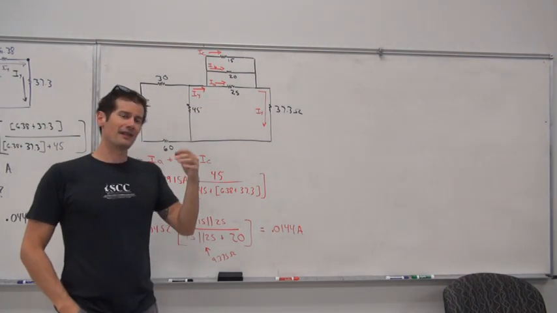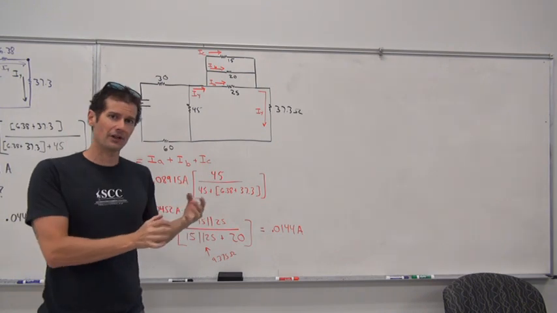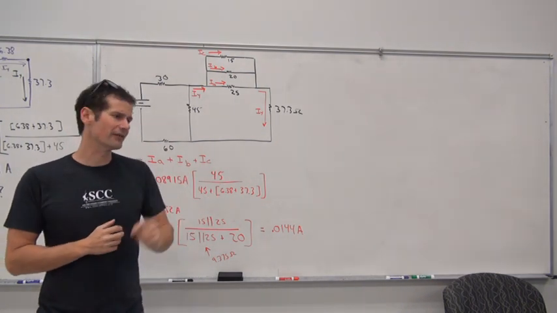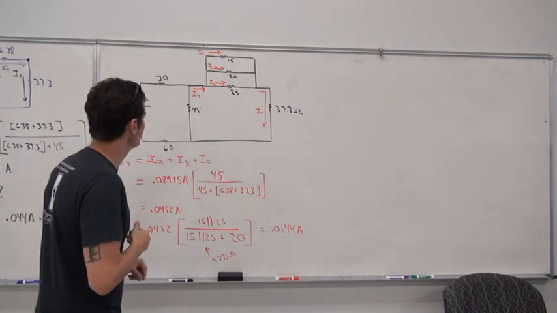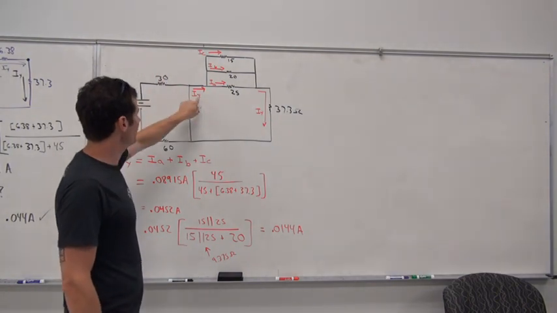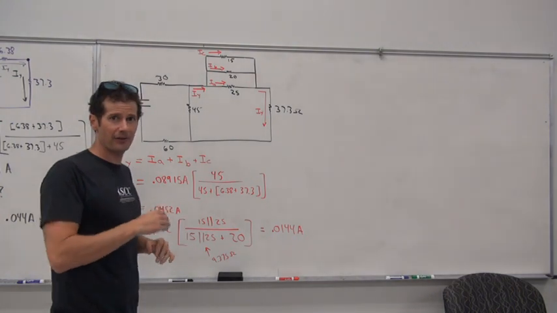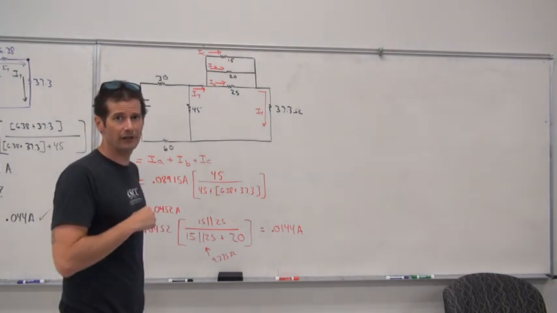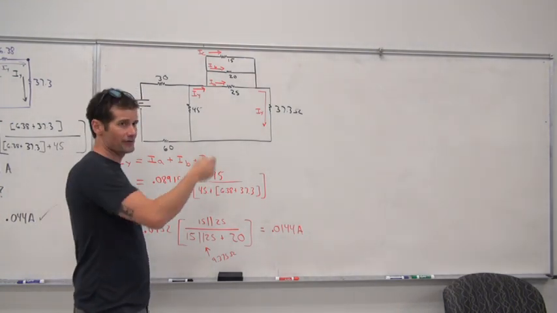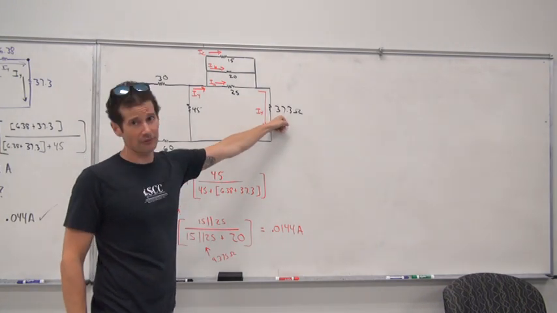Remember, it's not how the elements are oriented with each other as much as the nodes that define that relationship. And so the current Iy, if we look back at what we just saw, is basically the current that goes through the 6.38 ohm equivalence and then goes into 37.3 ohms of equivalence.